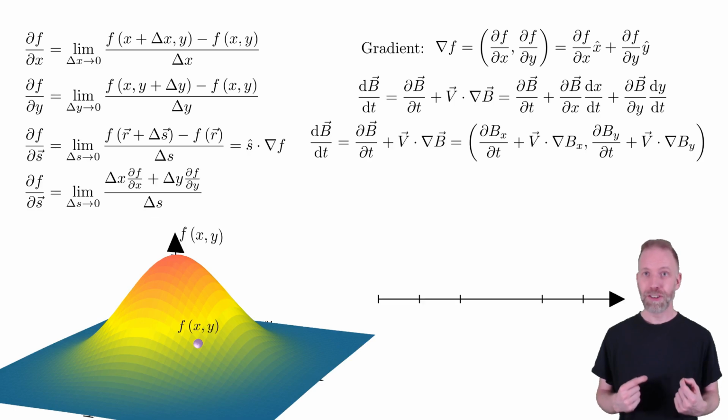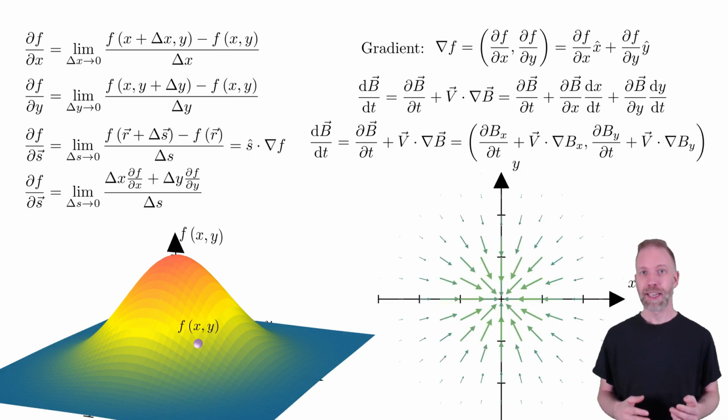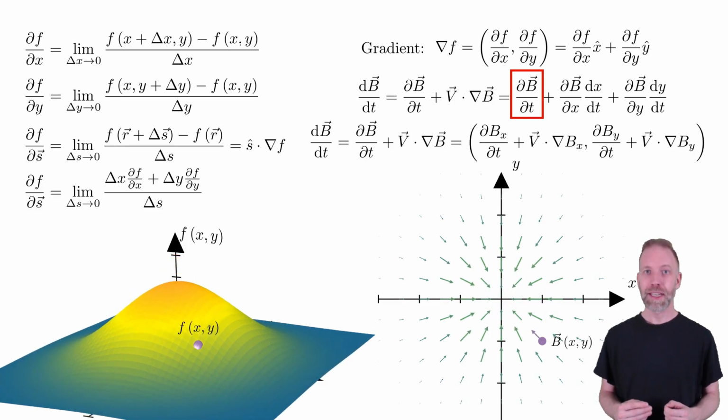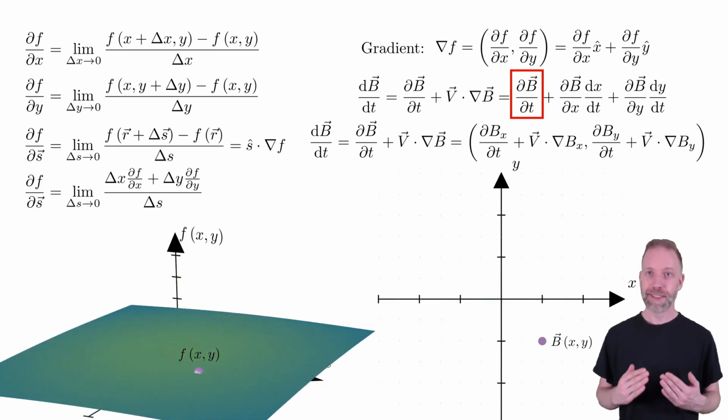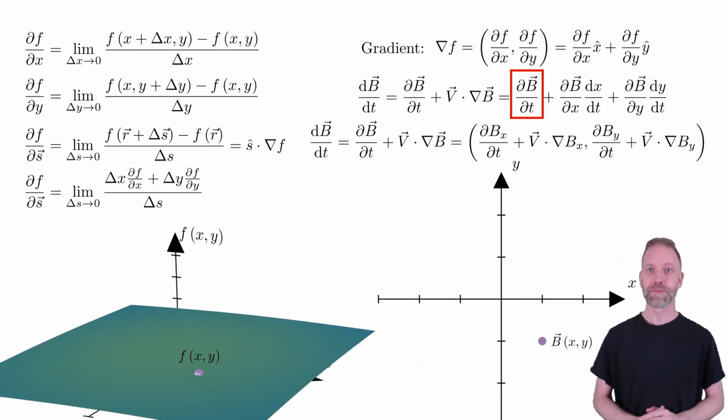Let us plot an arrow plot for a vector field. In this case, the vector field B is the gradient of f. Let's do a visualization again, now showing the vector field B in the arrow plot. If we start by looking at the partial derivative term, this still represents that the field itself changes with time.